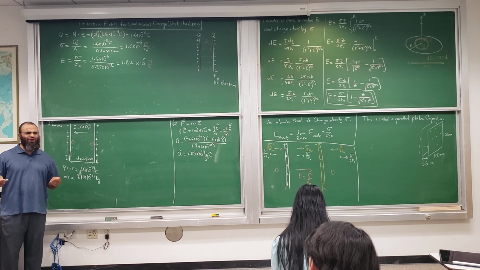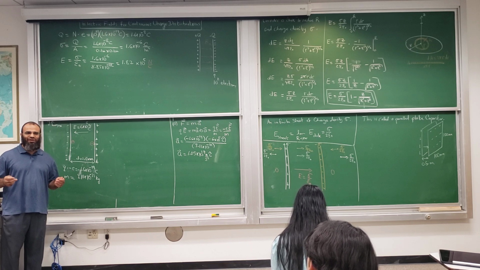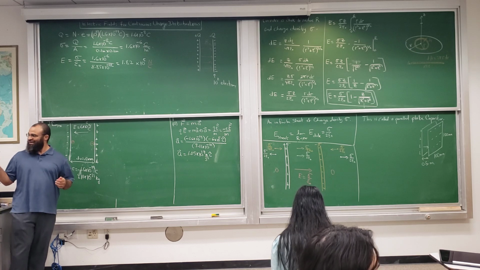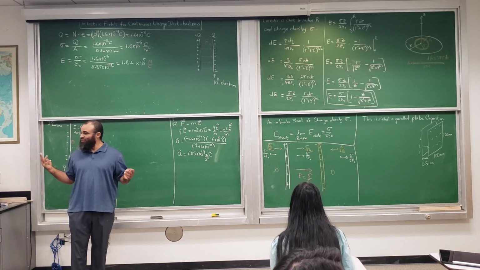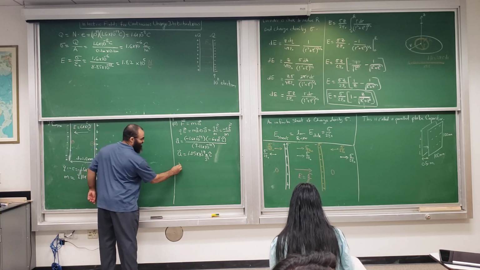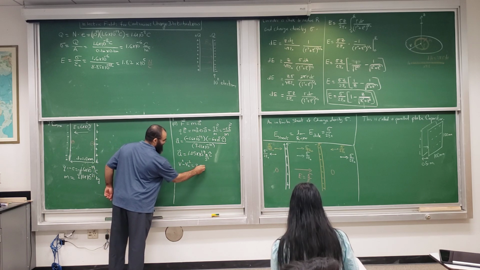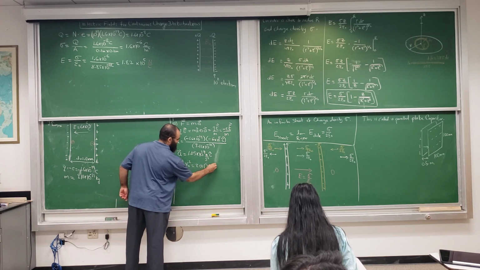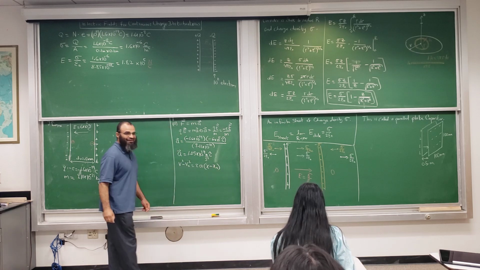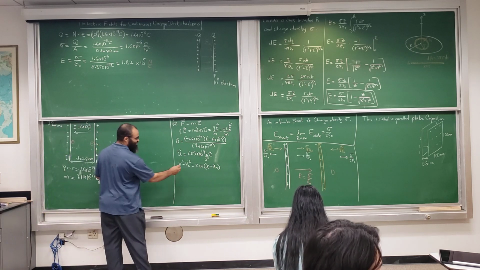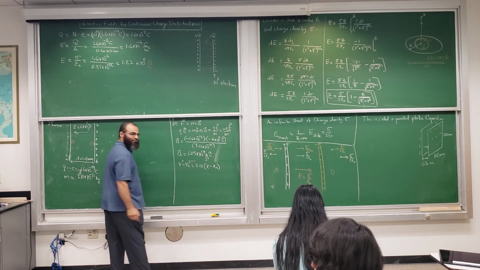Which one, 1, 2, or 3? The third one, the one I call number 3: v squared minus v naught squared. So the initial velocity is 0, right?